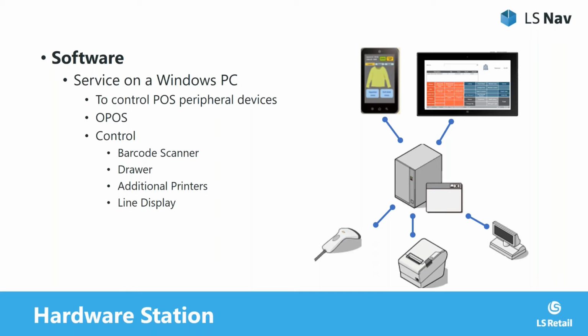And then, for example, a tablet or a phone here solution could talk to that service and ask it what is the scanning input, or print out a slip, or show a customer the display, the price of a product on the display.